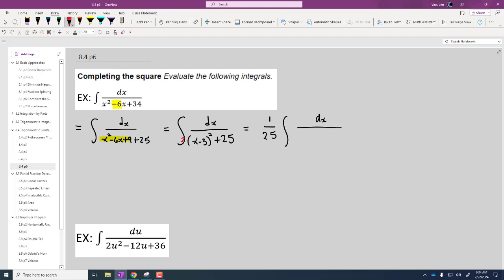Or you could proactively put it, sort of like that, a 25 over 25, and you're thinking about factoring out that 25. Now there's no power on it. A lot of times we've been pulling these constants through a square root or with a power of 2 or whatever. There's no power there, so it comes out as a 25.